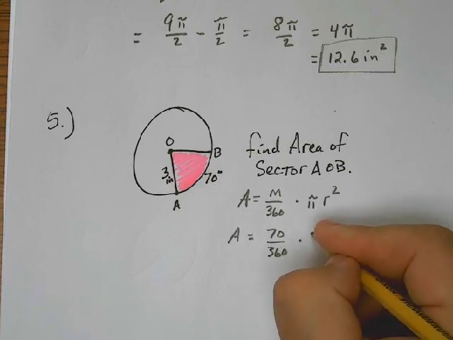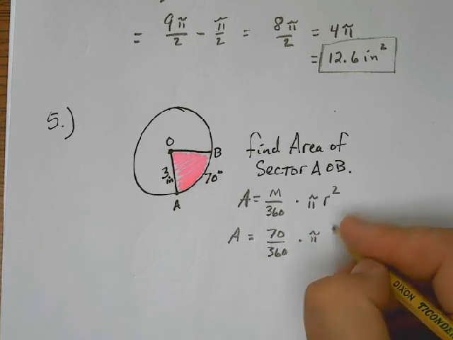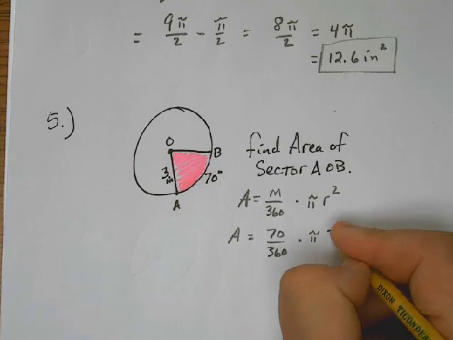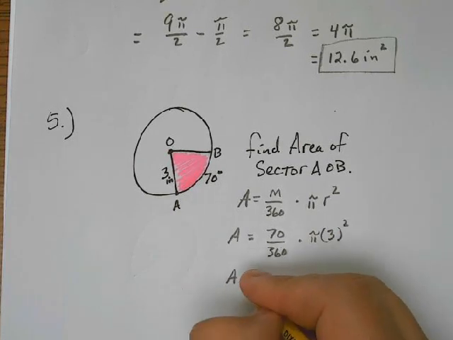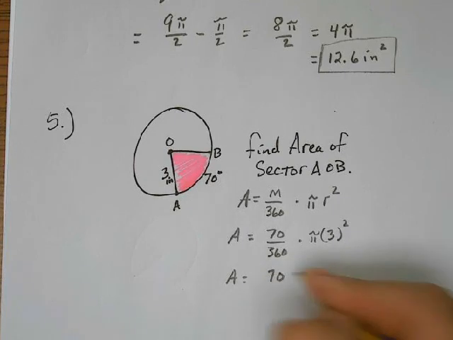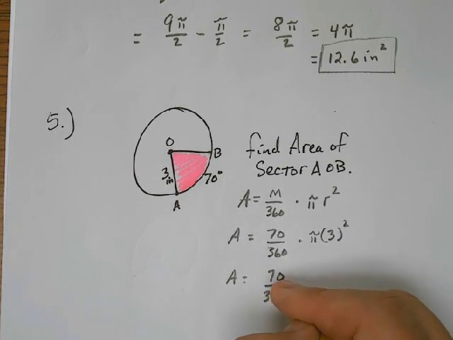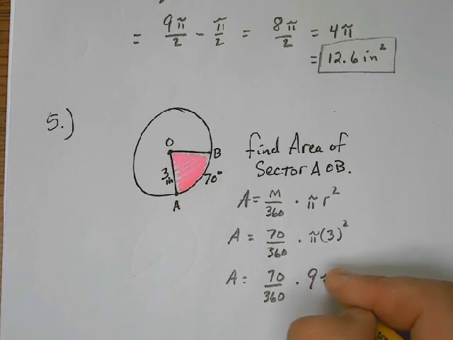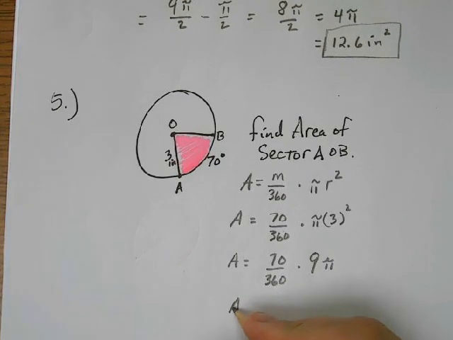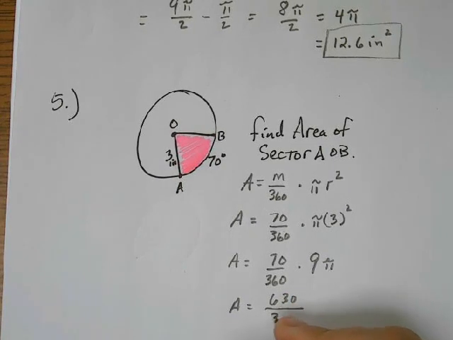Okay, so we'll leave it in terms of pi then. 3 squared. And so area then is equal to 70 over 360 times 9 pi. Multiply across. 9 times 70 is 630 over 360.